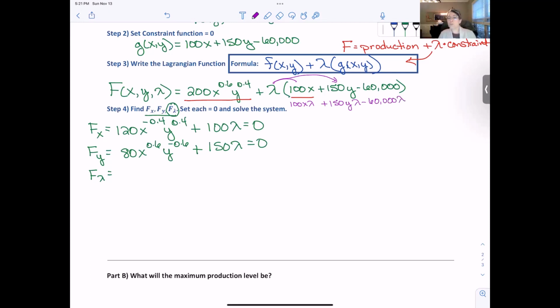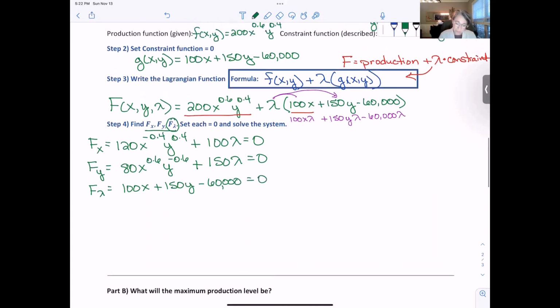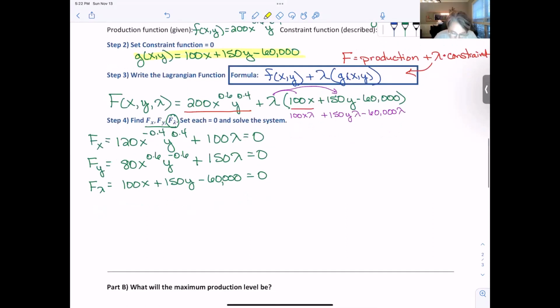So if you took the derivative of all of that with respect to lambda, we would end up with 100x plus 150y minus 60,000. And then of course, we're setting that equal to 0. That might look familiar. I guess they're just trying to stay consistent, but the nice thing is this is also your constraint. So now we want to solve this system.